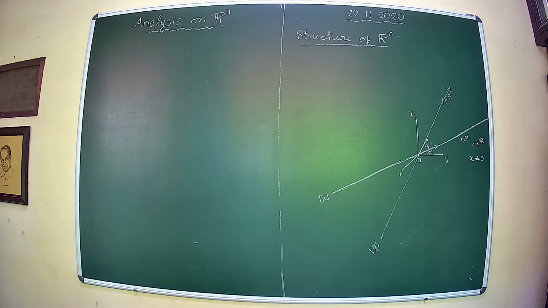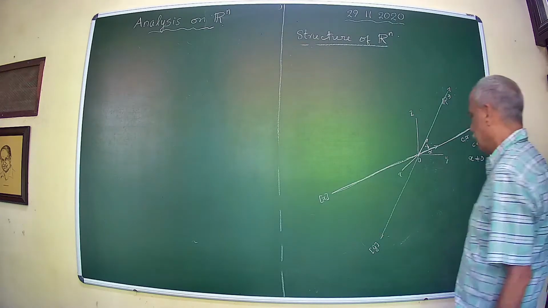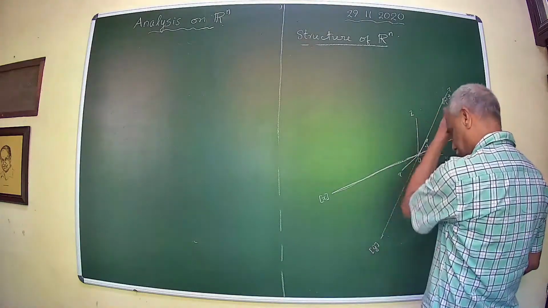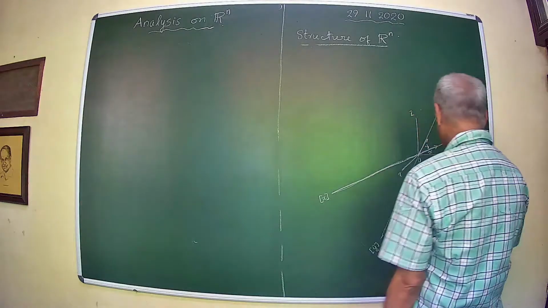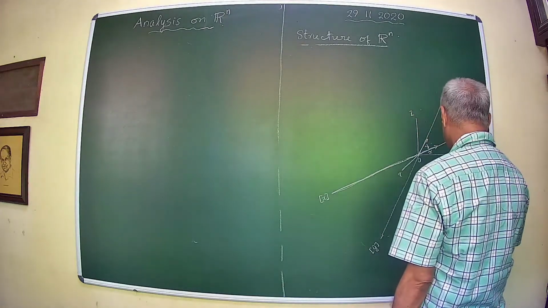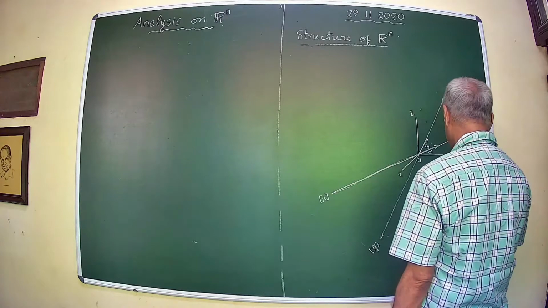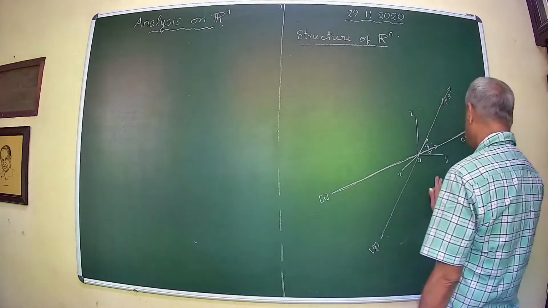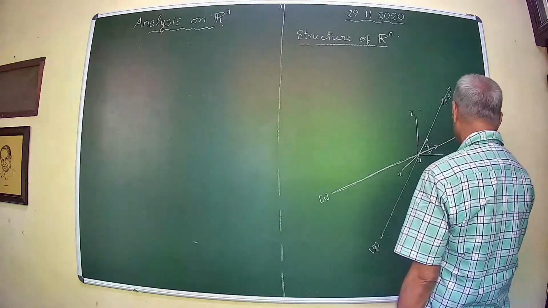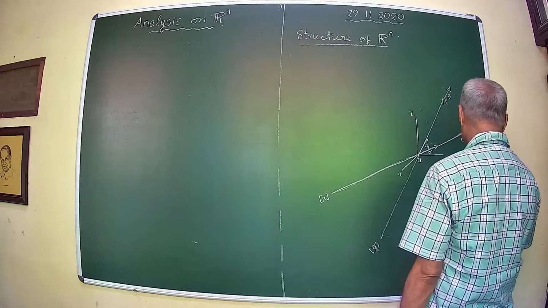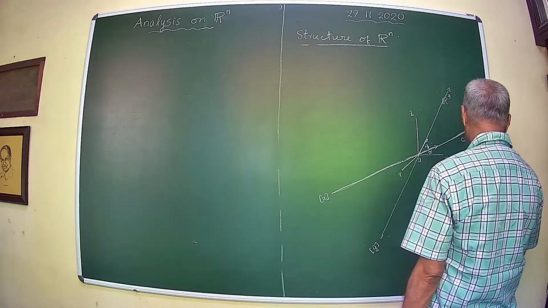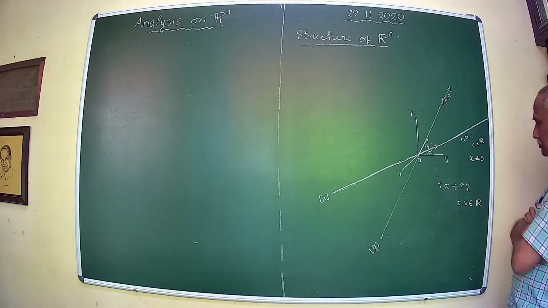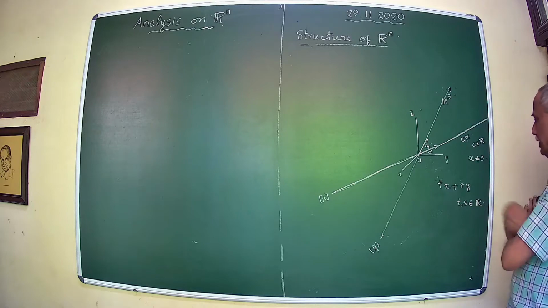Now, as I said, if you take cy, you get only points on this line. But suppose you use c1x plus c2y, or let me use tx plus sy, t, s belonging to R. Then what do you get? Look at this whole set.